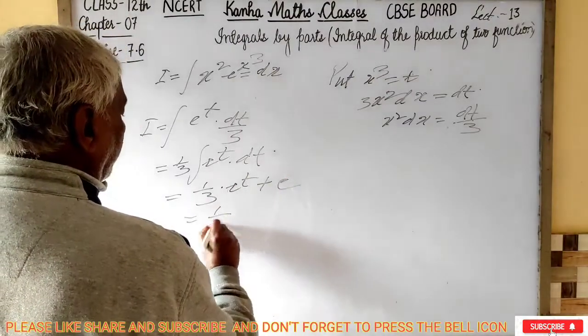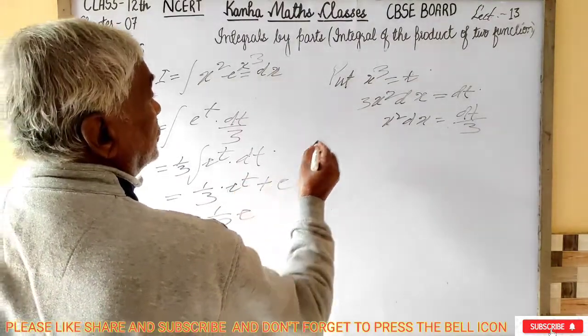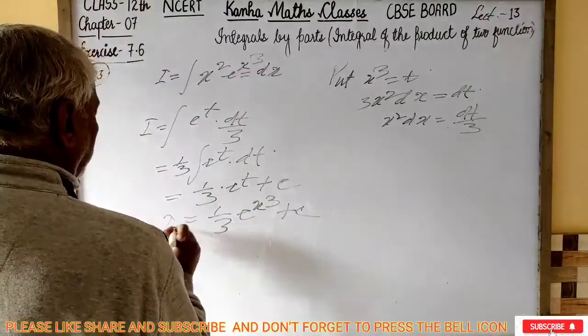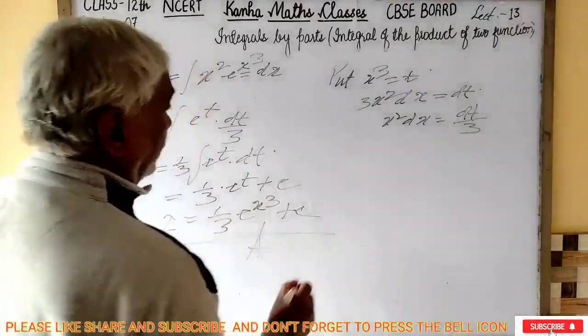Now 1/3 e to the power t means 1/3 e to the power x cube plus c. This will be the requisite answer of the integral.